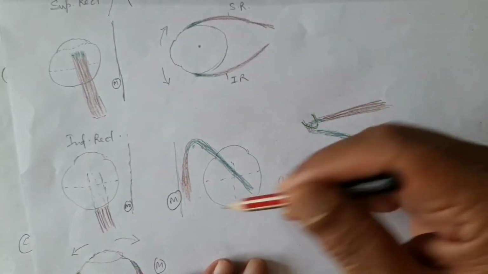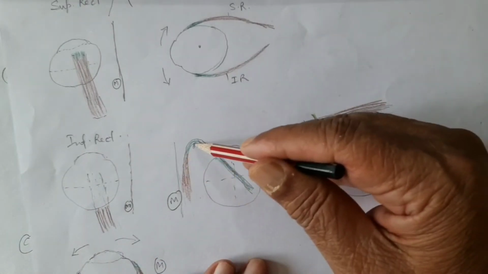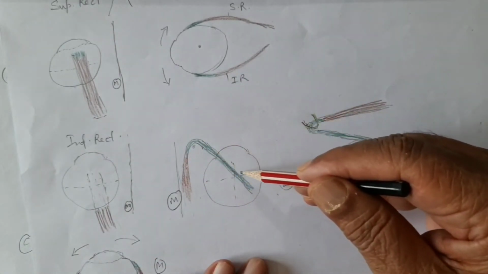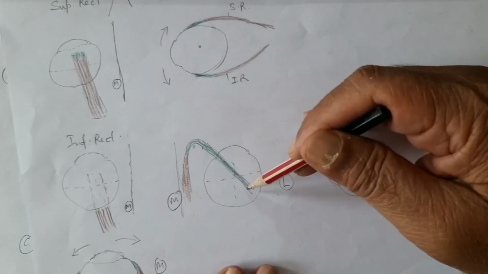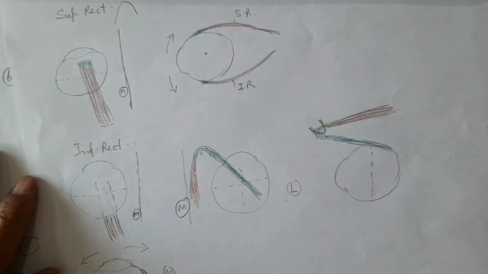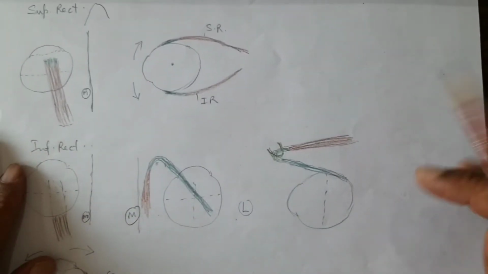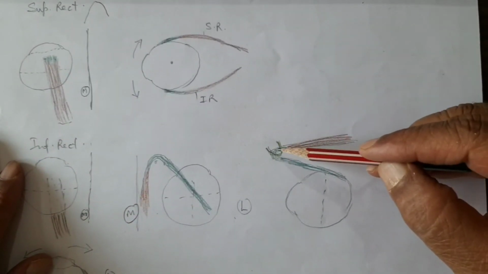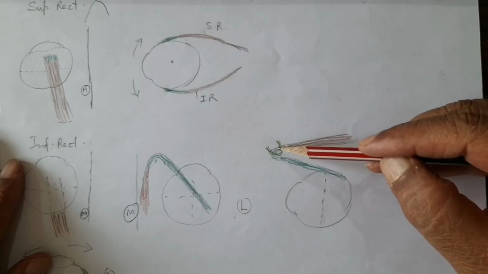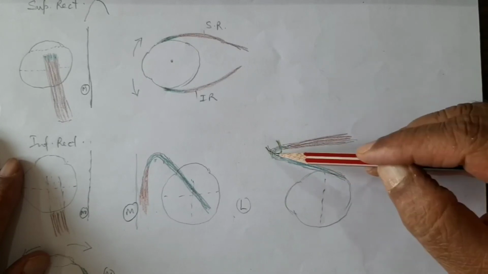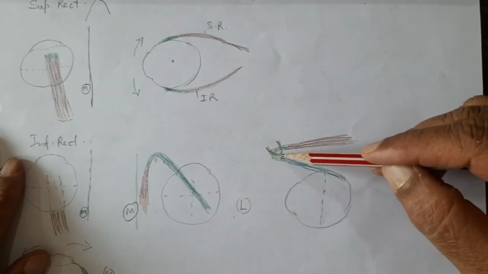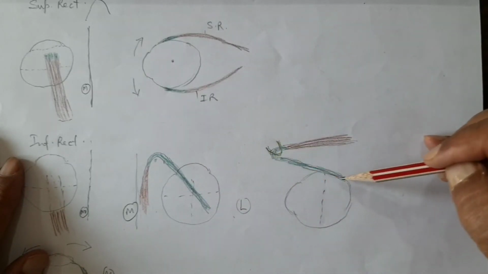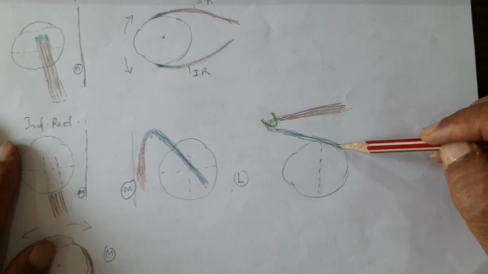After running anteroposteriorly to the pulley, the tendon will change its direction, going laterally, posteriorly and downward. Downward because the pulley is near the roof of the orbit and the eyeball is below. So it has to go not only in the posterolateral direction, but also downward, as shown in this diagram.